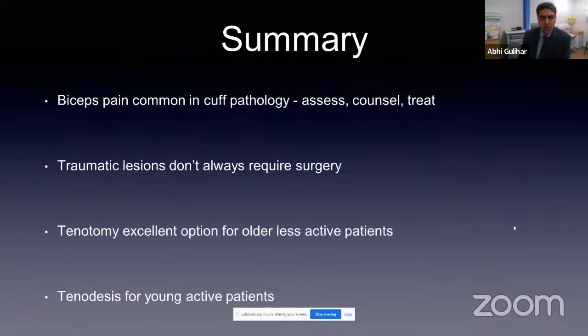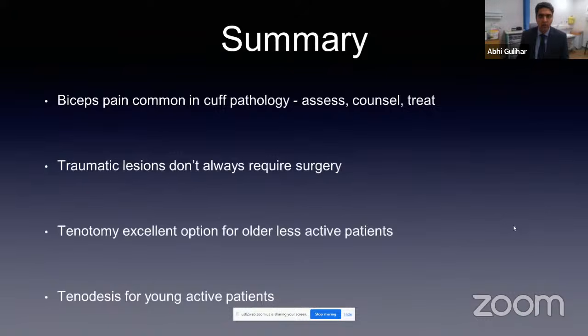So to summarize, biceps pain is often ignored and missed, but it is very common in rotator cuff pathology. So it is important to assess it properly, counsel the patient that there could be a biceps issue along with other issues, and you treat it appropriately. Trauma to the biceps, especially a traumatic SLAP lesion, does not mean surgery.